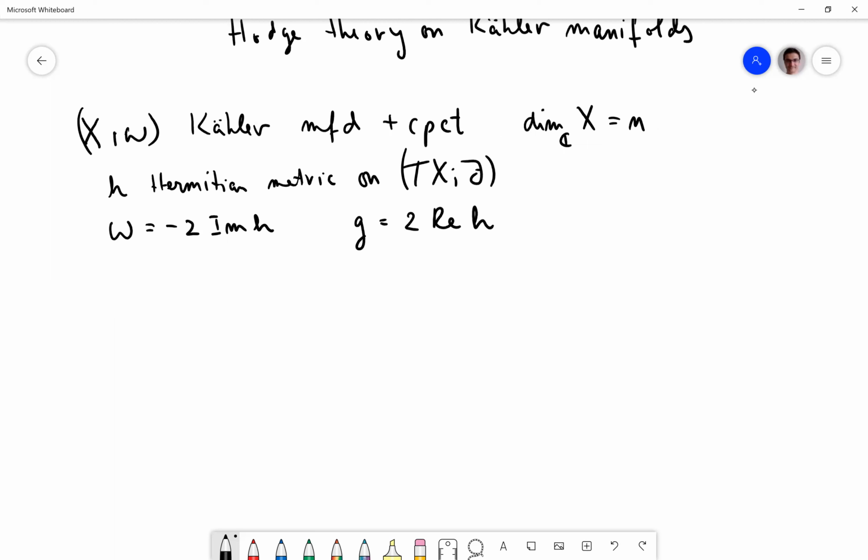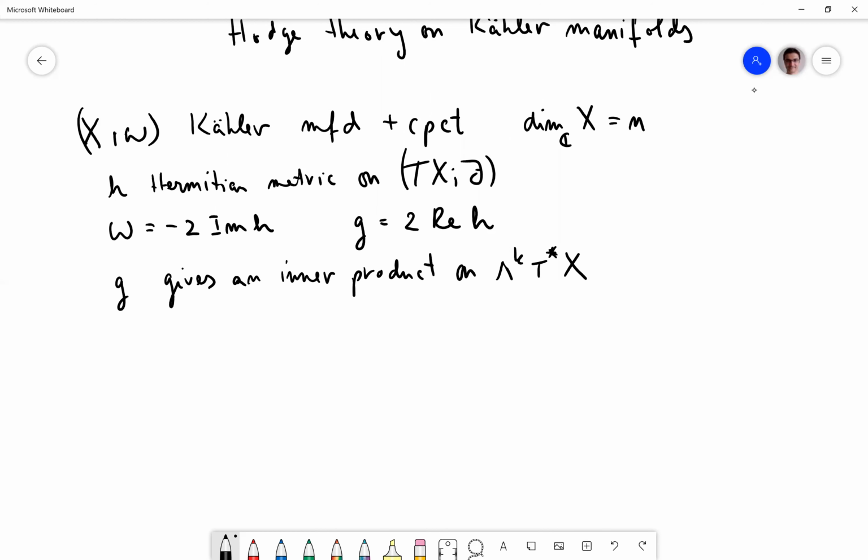Now, you know well that G gives an inner product on the space of k-forms.